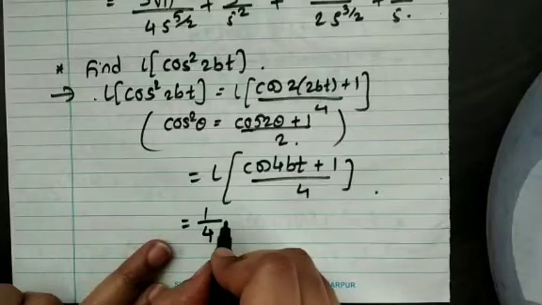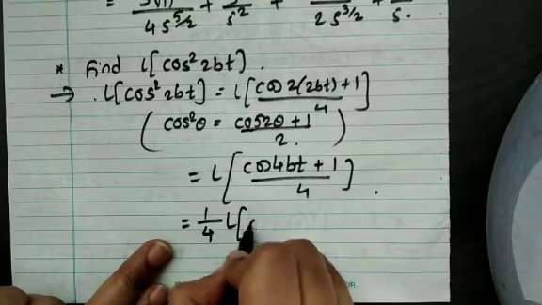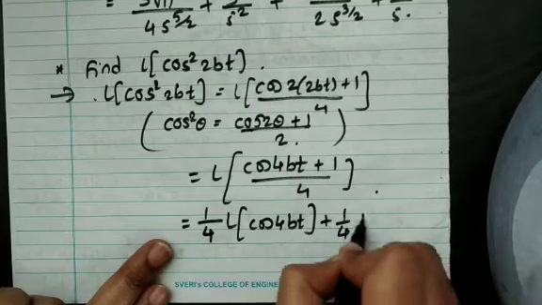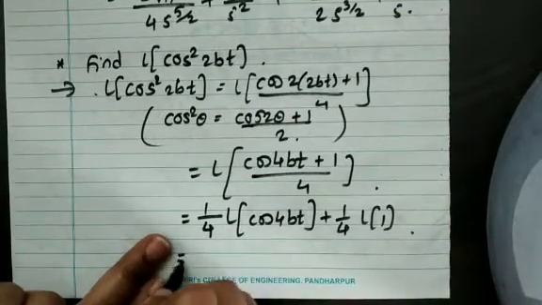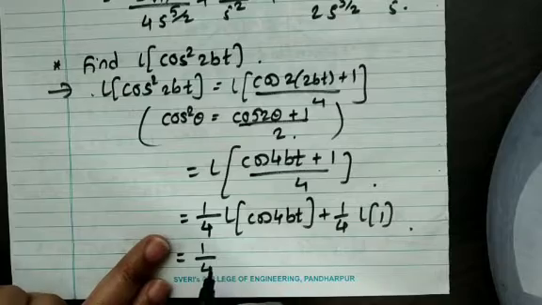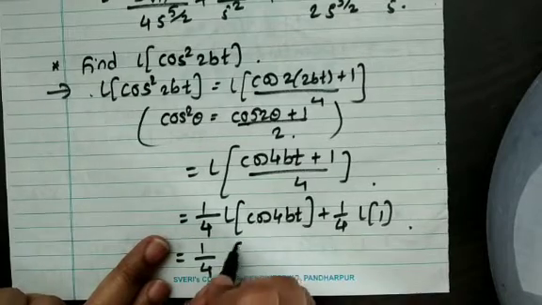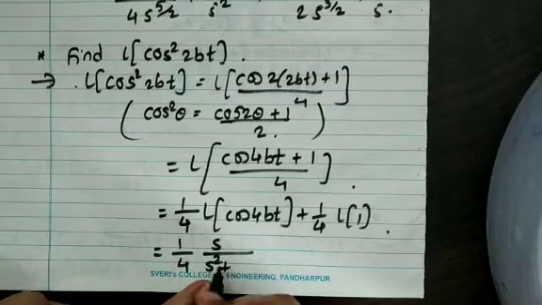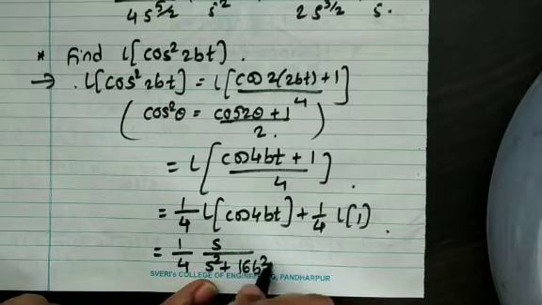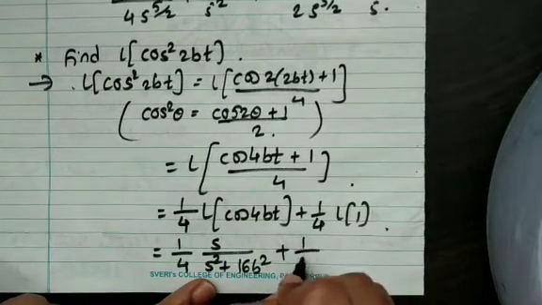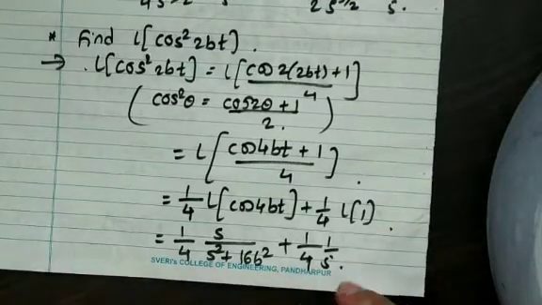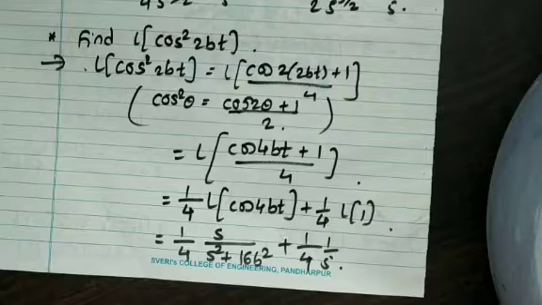So 1 by 4 into Laplace of cos 4bt plus 1 by 4 Laplace of 1, that is equal to 1 by 4 into s upon s square plus (4b) square, that is 16b square, plus 1 by 4 into Laplace of 1, which is 1 by s. And this is the required answer for the given question.